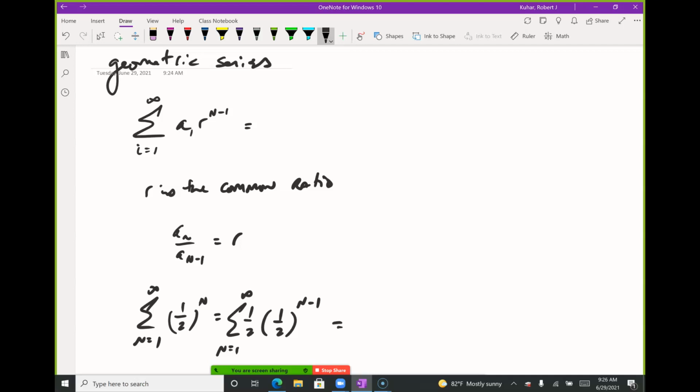So 1/2 plus 1/4 plus 1/8 plus 1/16, and you can see obviously I'm multiplying by 1/2 each time. That's my common ratio, right? Everybody with me? So if I took 1/4 and divided by 1/2, I would get 1/2, that common ratio. If I took 1/8 and divided by 1/4, I get the common ratio, 1/2. Any consecutive terms will get me that common ratio. And then a sub 1 is obviously the first term.